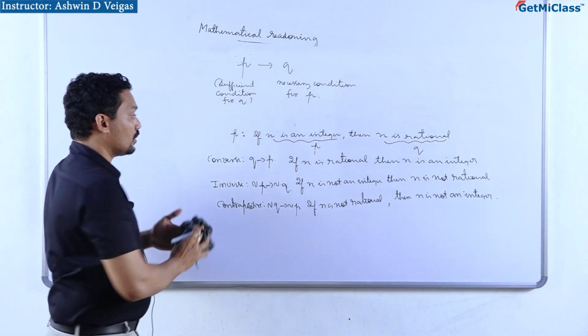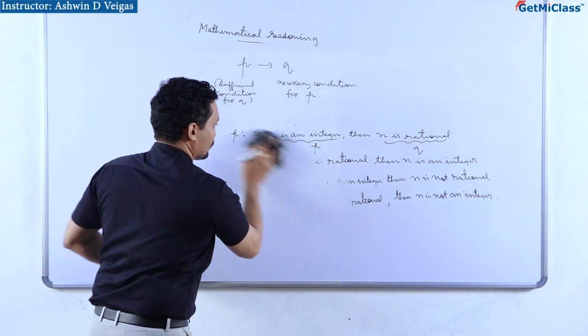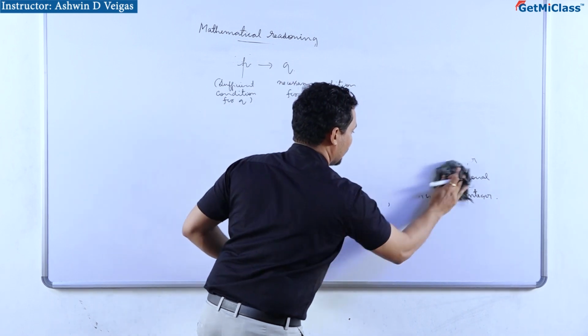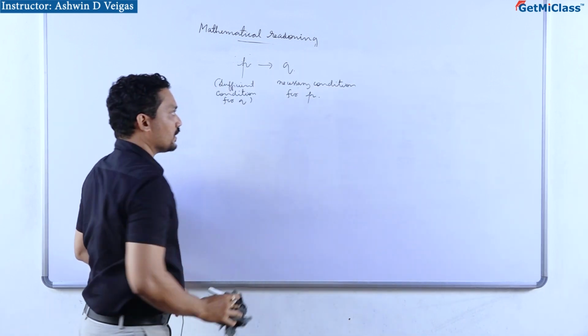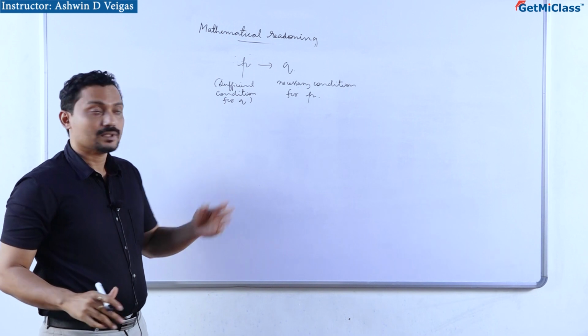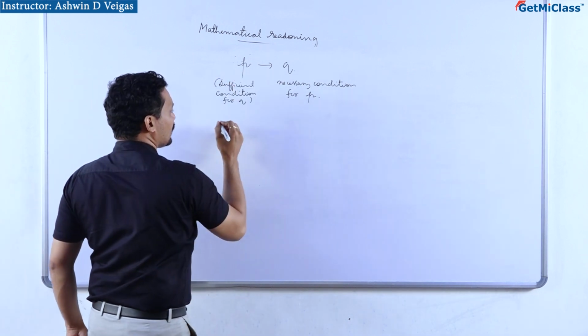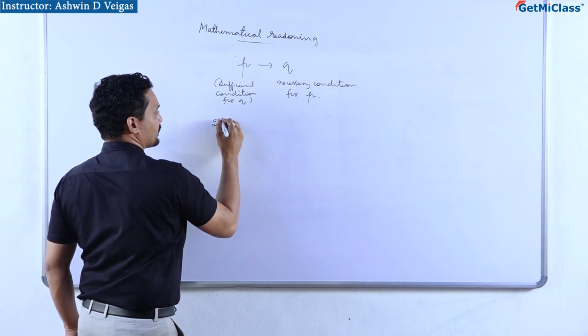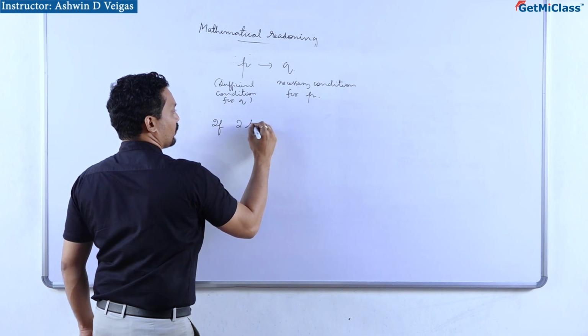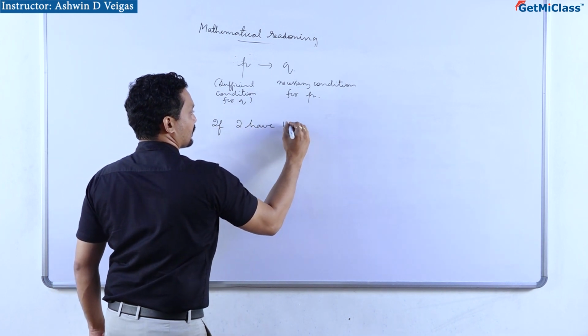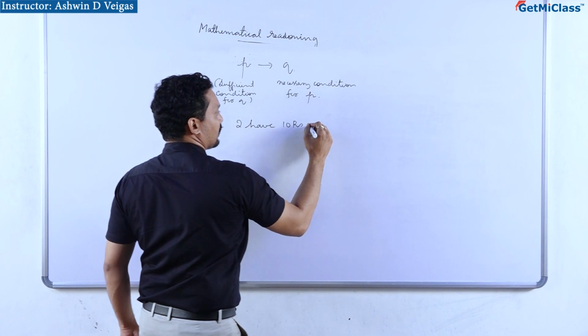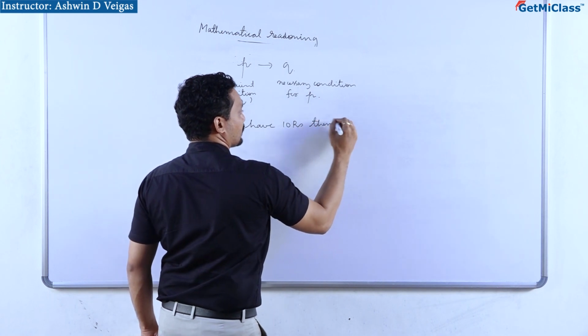Now let's go a little bit deeper into this so you'll understand what it actually is. It's better to take an example. Let me give a statement like this: if I have 10 rupees, then I have 5 rupees.